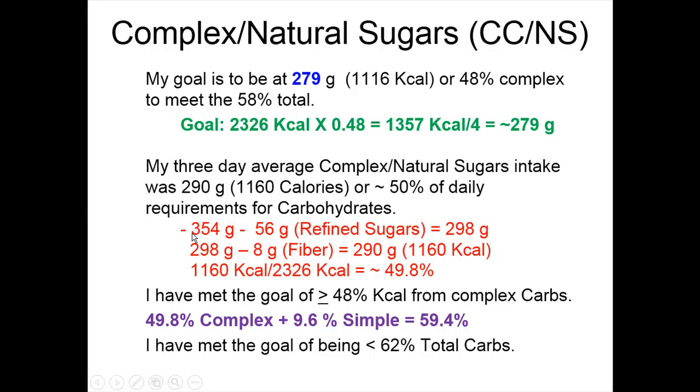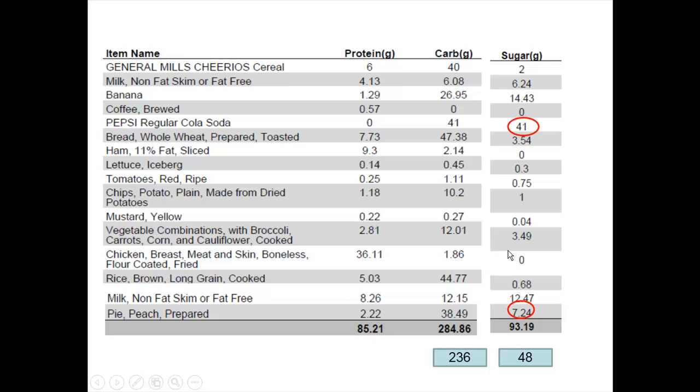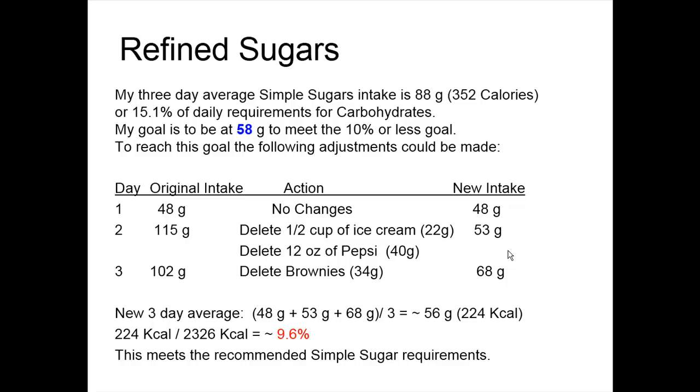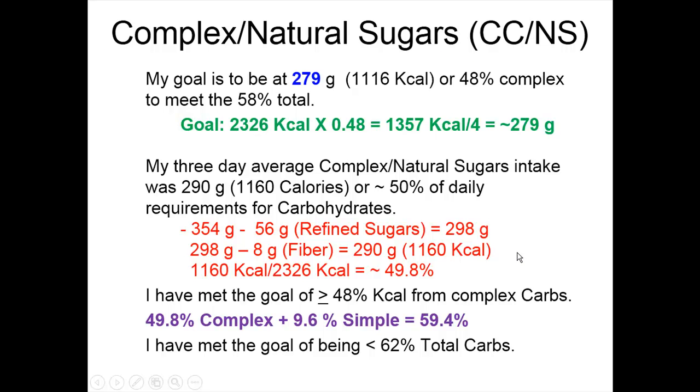So I had my original 354 that you saw on the all data reports of the graph. We determined we have 56 grams of refined sugars. Again, we go back up here. We had a total of 56 grams of refined sugars. Okay, so we subtract those out. Remember at the very beginning we had about 8 grams of fiber.